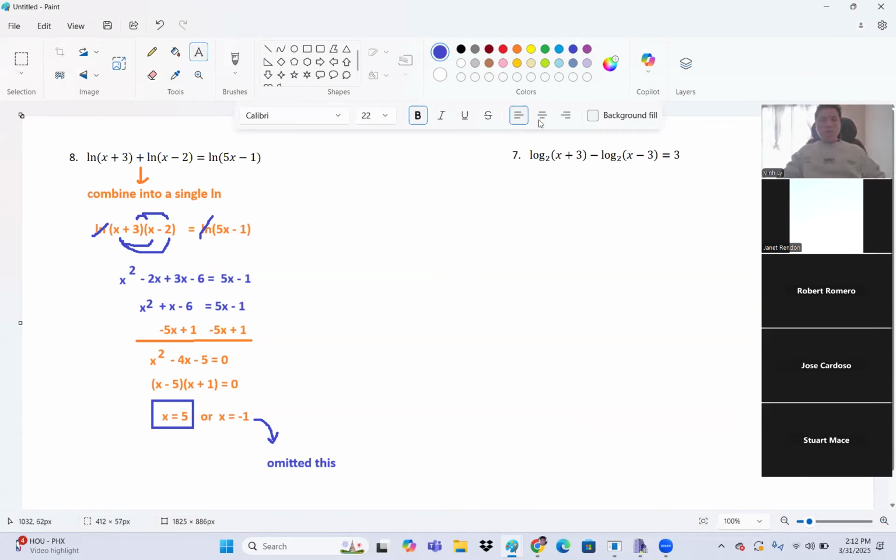So now we're going to have like log 2, right? You're going to combine into a single log, correct? So you may end up with like log 2 of x plus 3 times x minus 3.